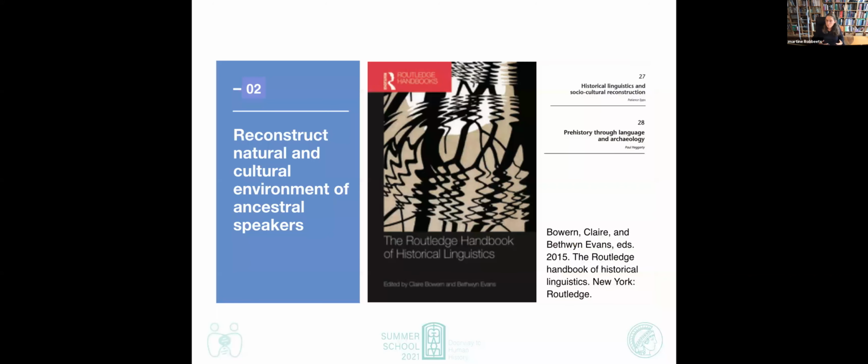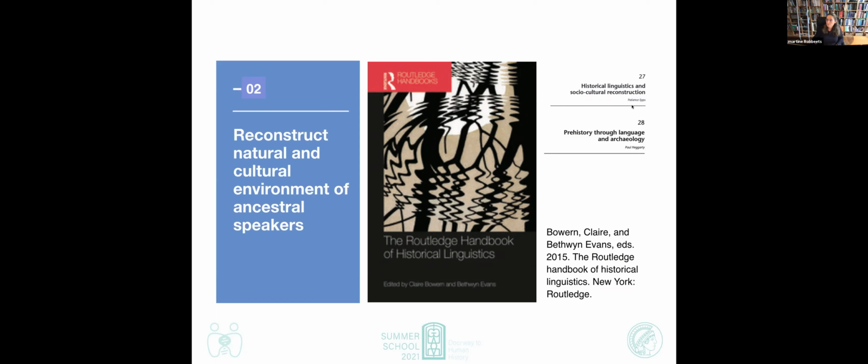There are no real books on cultural reconstruction, but there is this Routledge Handbook of Historical Linguistics that the editors call the New Historical Linguistics, and it includes 2 chapters on cultural reconstruction.